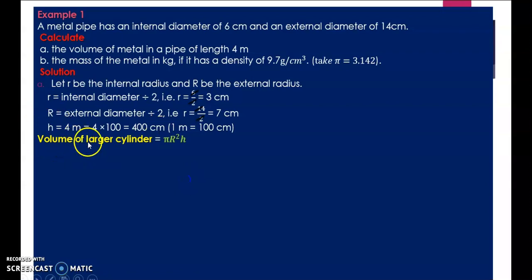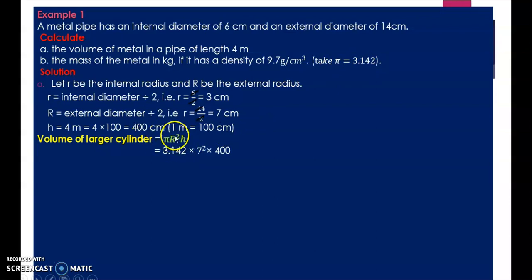So the volume of the larger cylinder is equal to pi big R square H. Now substituting all these parameters, our big R is 7 centimeters, our pi is given as 3.142, and our H is 400.